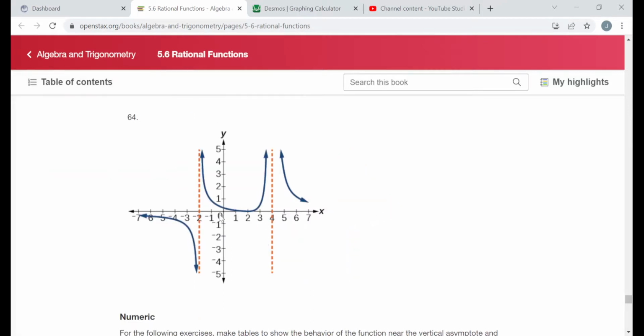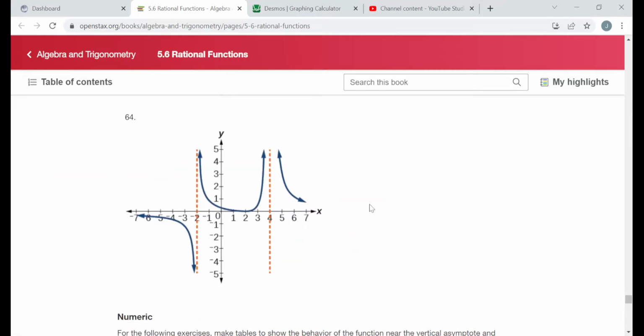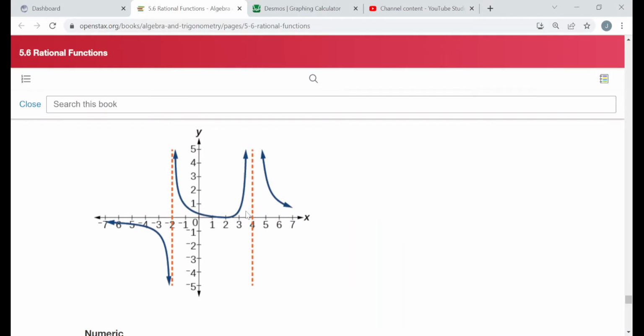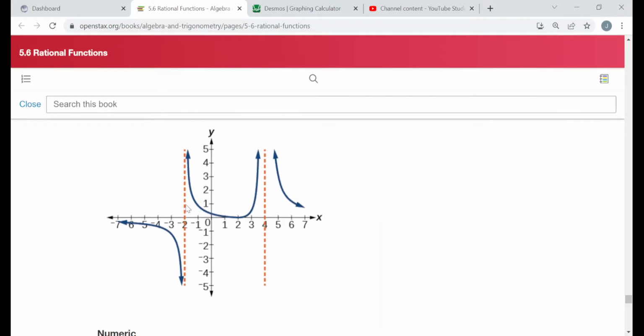I guess if we had to pick another point here, I would say maybe negative 1, 1 is on the graph as well, because I'm not really seeing anything else that's obviously on the graph.